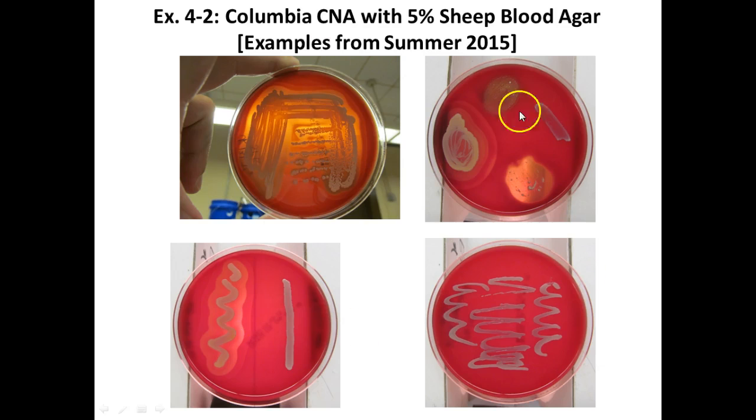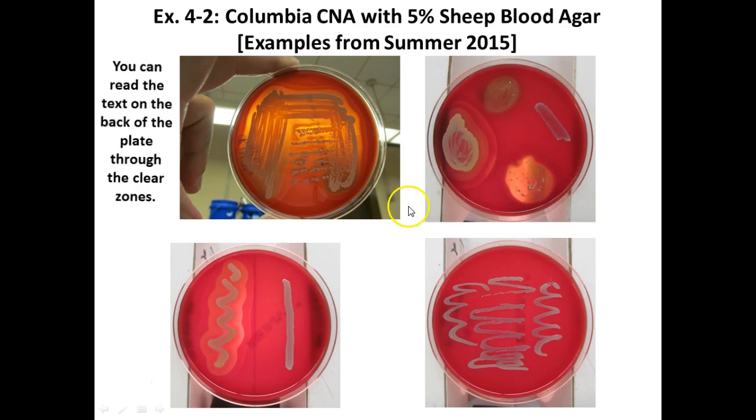So this is a plate again. You can see right through it. So what type of hemolysis? This one's beta. And again, what do you see here? You can see right through it. That's beta. This, no change to the red blood cells, but you see growth, right? So that's gamma. Here's the greenish, so that's alpha, right?